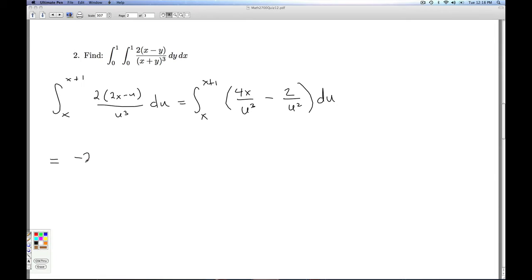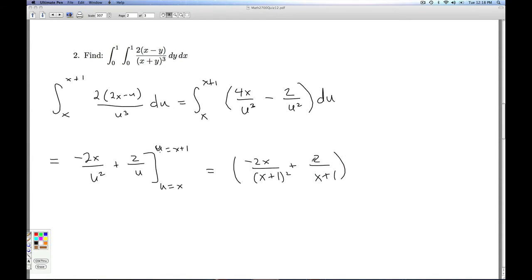So this is going to be negative 2x over u squared plus 2 over u, evaluated from u equals x to u equals x plus 1. And so I'm going to get negative 2x over x plus 1 quantity squared plus 2 over x plus 1, minus, substituting in u equals x, negative 2x over x squared plus 2 over x.